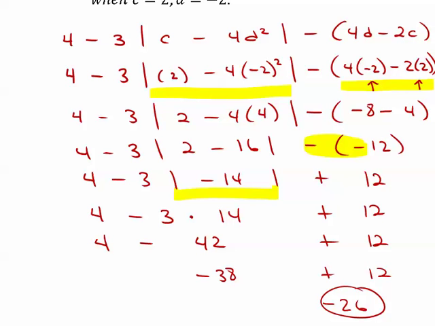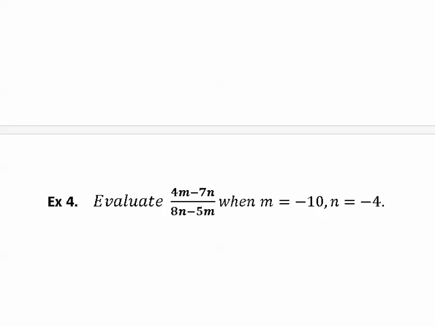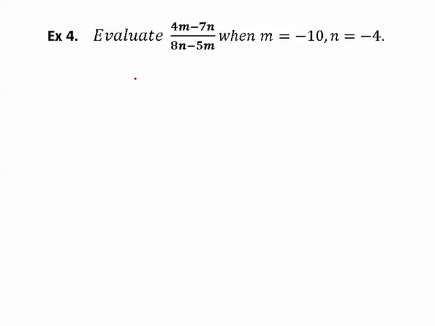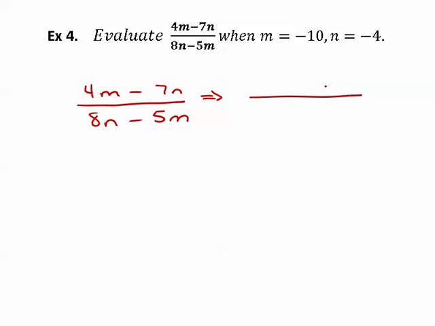All right, in the last example that we have here, example number 4, we have 4m minus 7n all over 8n minus 5m. Well, to do the substitution, we have 4 times the value of m.